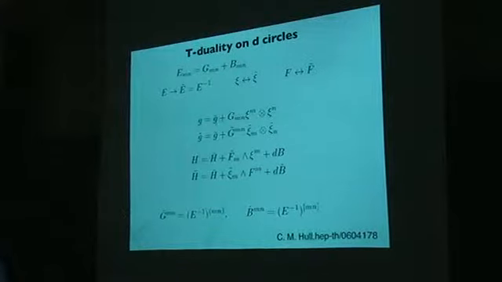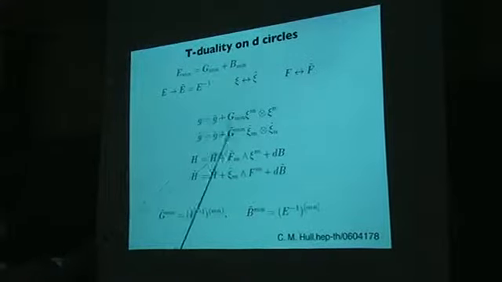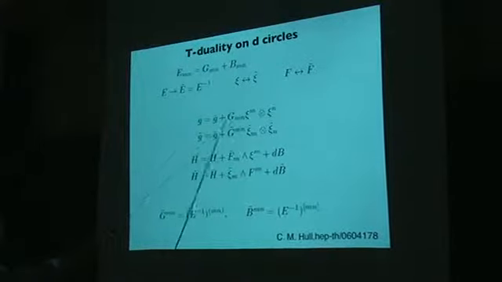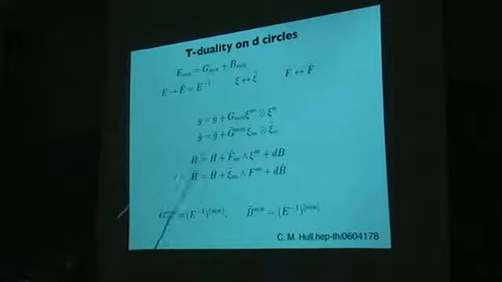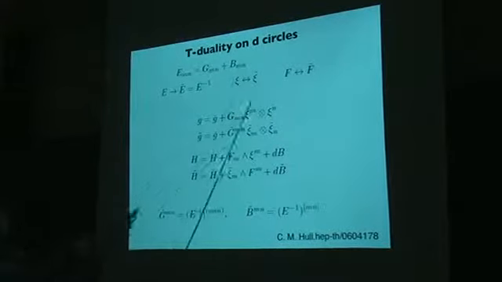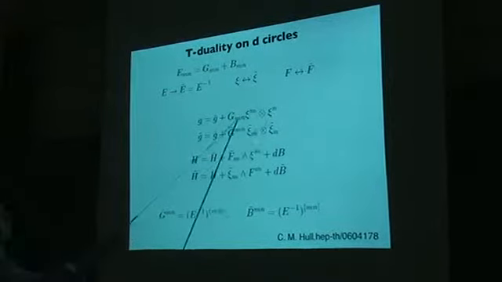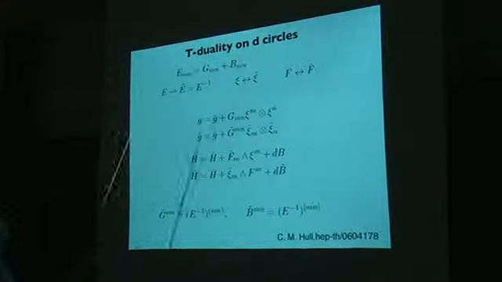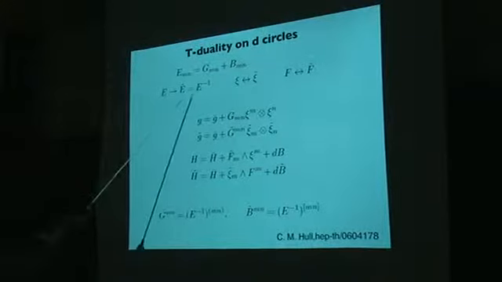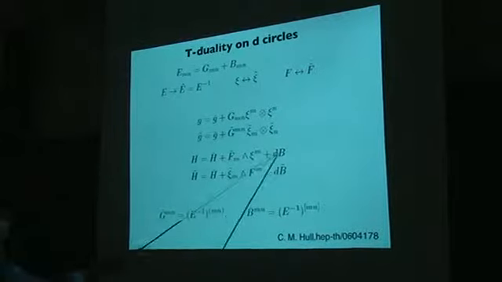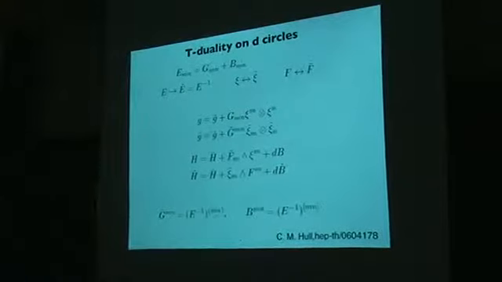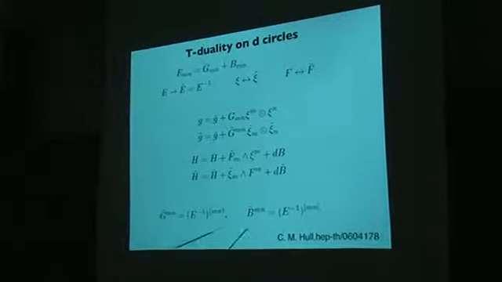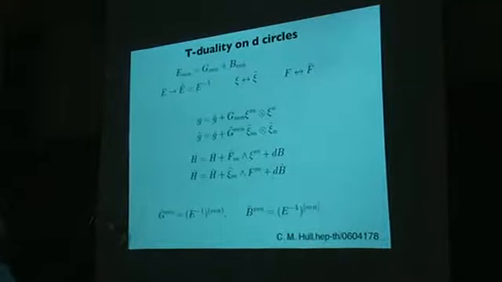And under these T-dualities, the metric goes to a T-dual one, where we're replacing the size by psi tildes, and we're replacing this G by a G tilde NN, which is determined by the symmetric part of E inverse, and a similar transformation from the H's to the H tildes, where the B tilde is the antisymmetric part of E inverse.